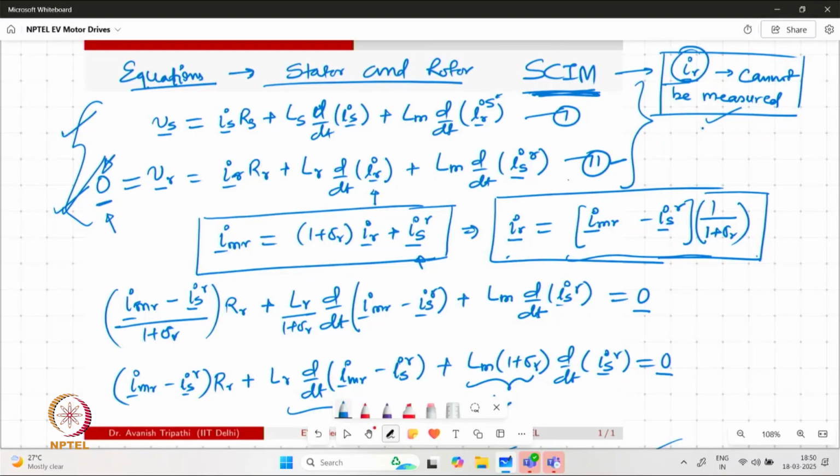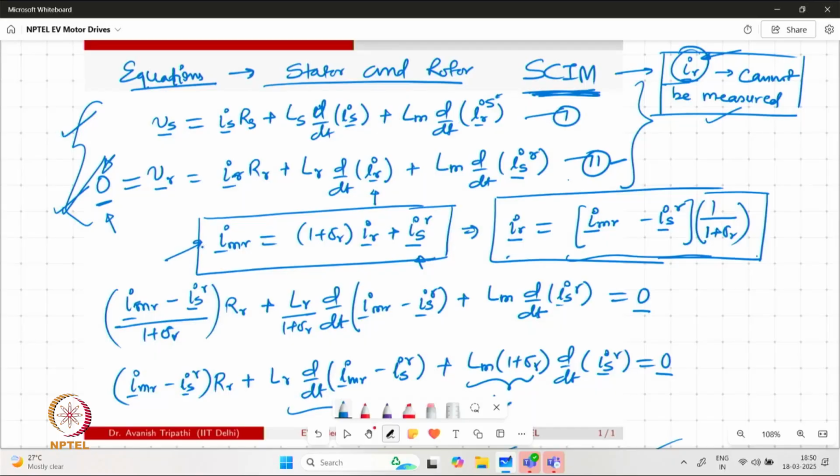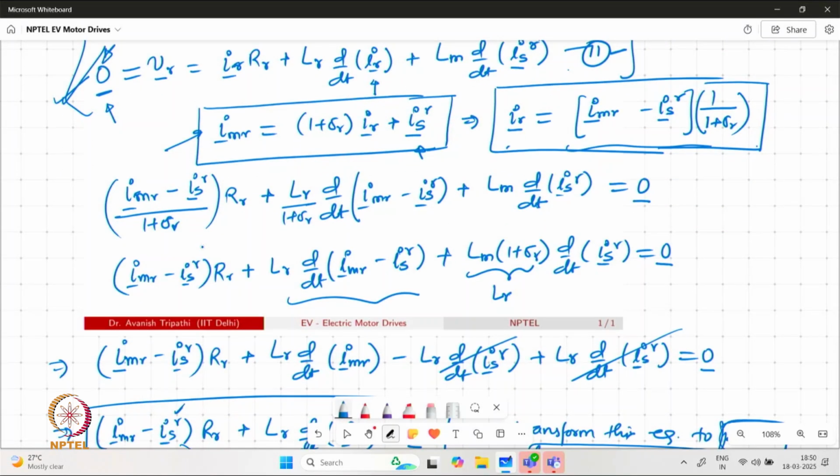So we would like to have a representation of IR in terms of quantities which can either be measured or estimated, and this is where we make use of the rotor flux magnetizing current IMR, and we express IR in terms of IMR and IS. Once again, to confirm, IMR is represented in the rotor frame of reference, which is why we have the superscript only given with the stator current IS.